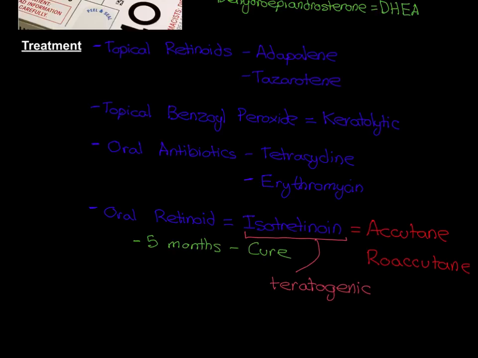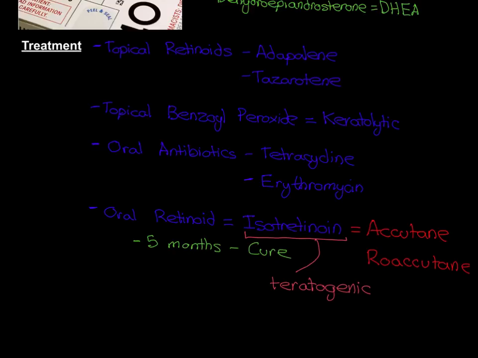If those don't work, you move up to topical benzoyl peroxide. This is a keratolytic. It will make anyone's skin peel. It breaks the skin cells apart and speeds up the rate at which they are shed from the surface of the skin, and therefore is going to help combat the hyperkeratinization and also break open, hopefully, those clogged up pores.